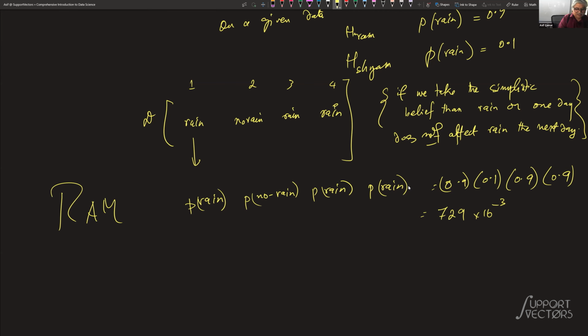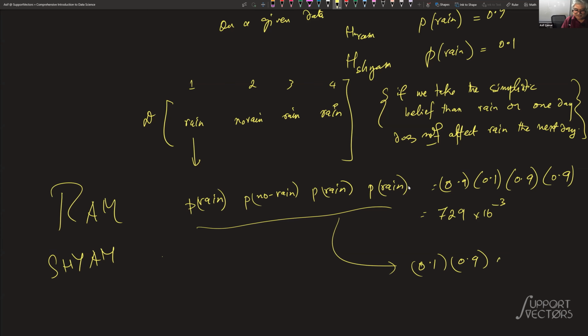And the probability according to Shyam: it was rain, no rain, rain, rain. What was the chance of no rain, and the chance of rain according to Shyam? When you do it for Shyam, how much does it work out to be? According to Shyam, 0.1 times 0.9, just the opposite, 0.1, 0.1.